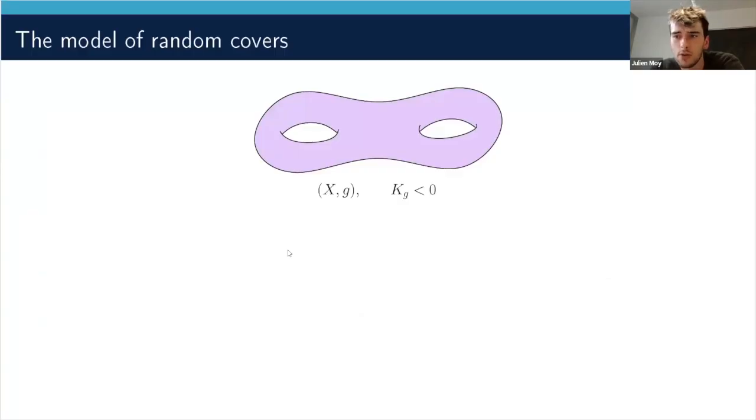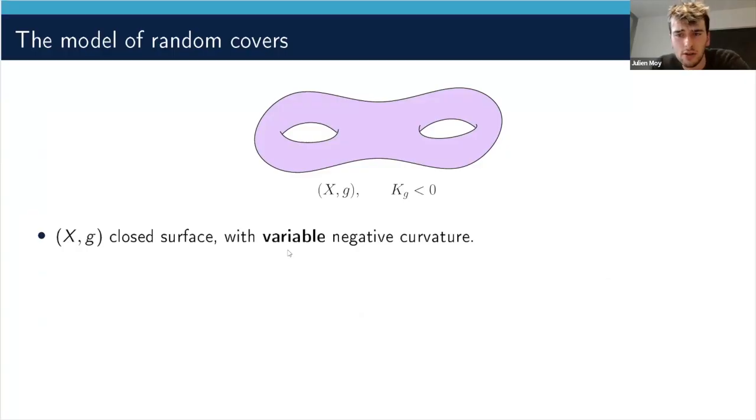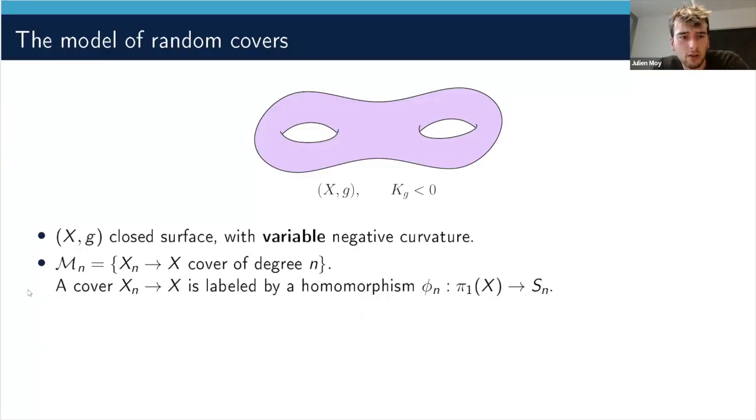So this model of random covers, you take, as before, a surface of negative curvature. It doesn't need to be constant. And then you let Mn be all the Riemannian coverings of degree n of X. It turns out that a cover of X of degree n is labeled by some homomorphism of groups from the fundamental group of X to the permutation group over n elements.